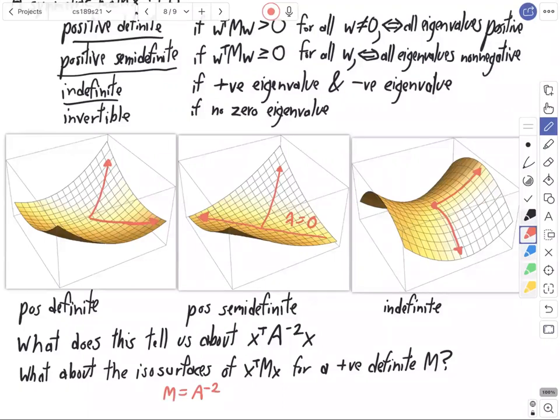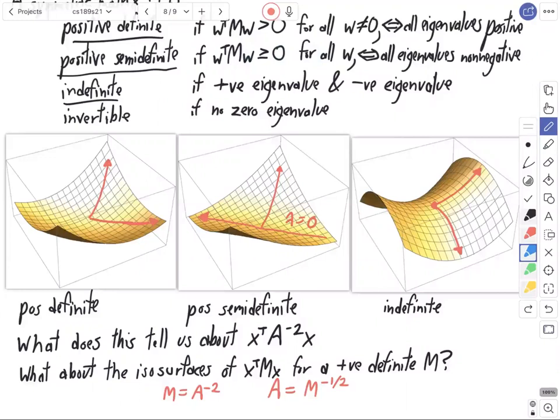So we can set A equal to M to the minus 1/2 if somebody's giving us a matrix M, which is what usually does happen when you use the multivariate normal distribution. And so the eigenvalues of M to the minus 1/2 are the inverse square roots of the eigenvalues of M itself. And that's something you need to remember when we're trying to define Gaussian distributions.